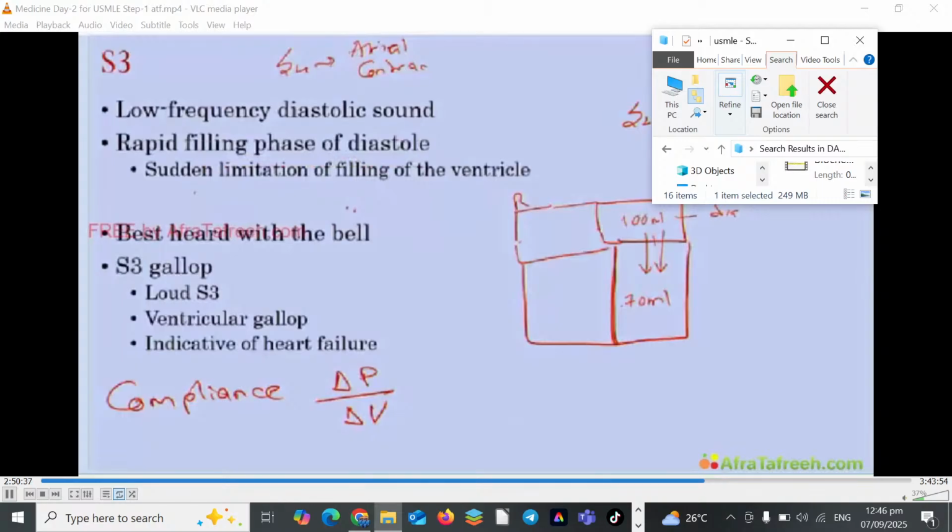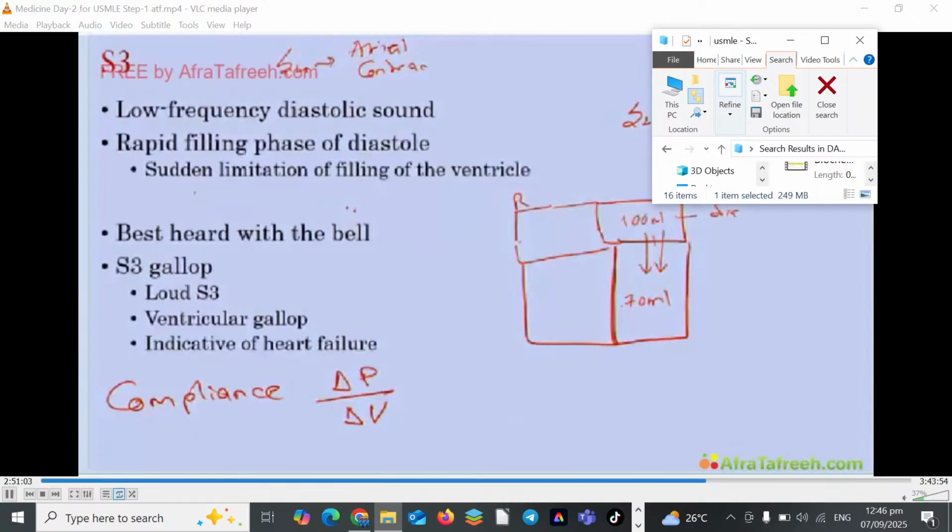If you are very compliant to me, whatever I tell you, you will do without putting pressure on me. That is a very compliant ventricle. It keeps on taking whatever blood you give it. If it is a non-compliant ventricle, it will not take the blood very soon. A non-compliant person will stop listening to me very soon. He'll put the pressure back on me.